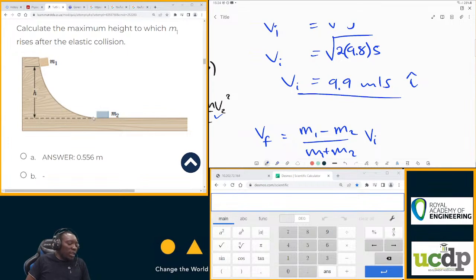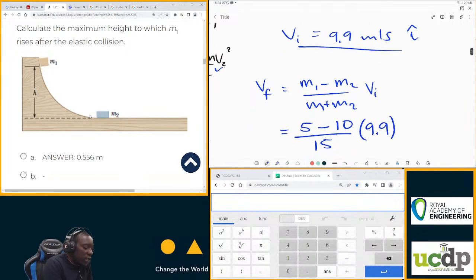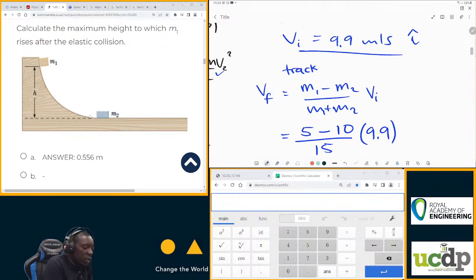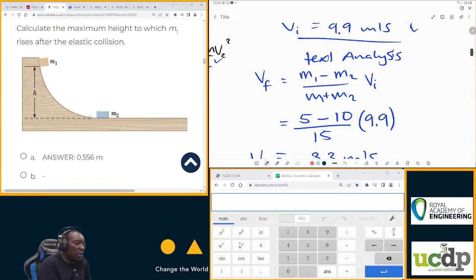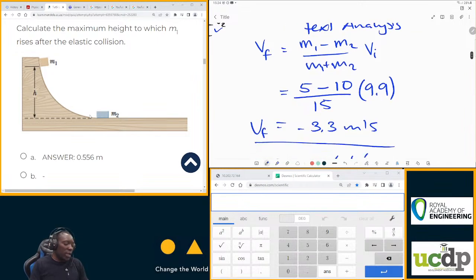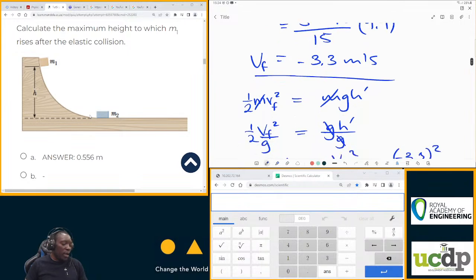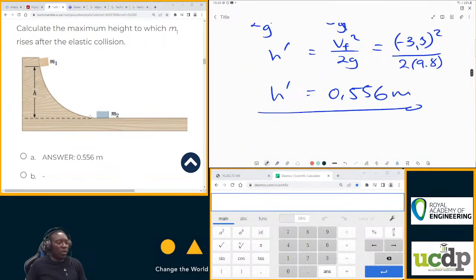At that point, the velocity is 9.9 meters per second, and we have this equation, which we obtain from the elastic collision analysis, where the final or rebound velocity is given by the difference between the masses over the sum of the masses multiplied by the approach velocity. This will give us the rebound velocity for this system, and we can then find the height using conservation of energy again.